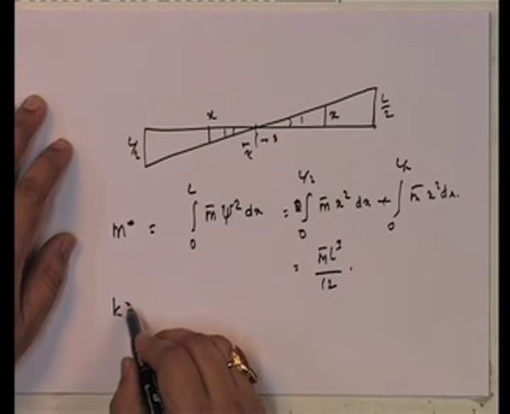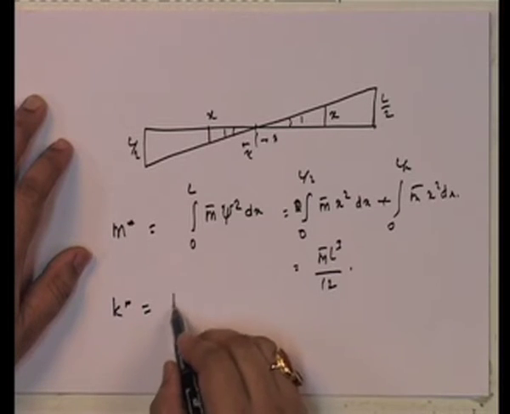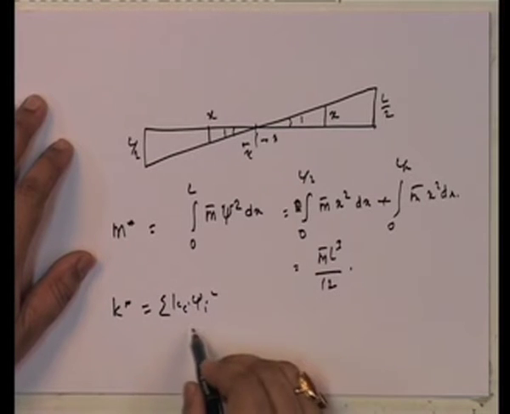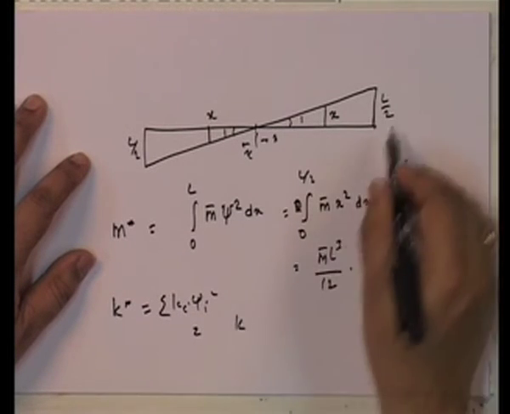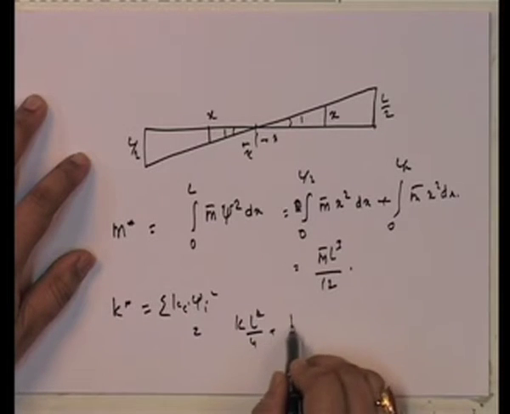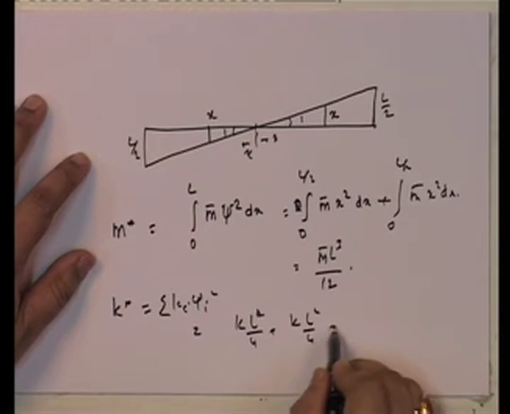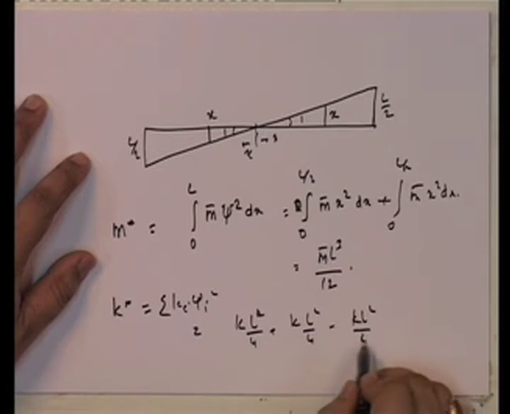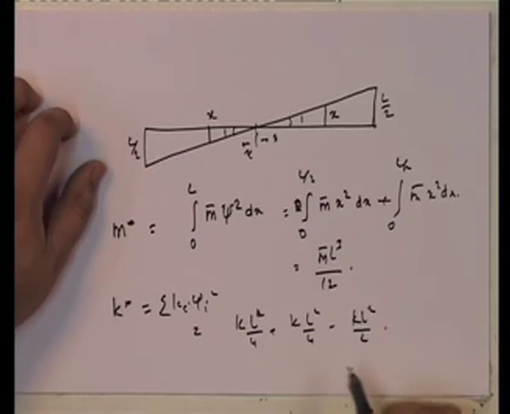Look at k star. k star is summation of k_i xi_i squared. So, k_i is k into xi squared, L squared by 4, plus k into L squared by 4, which is equal to k L squared by 2, which is what you get.